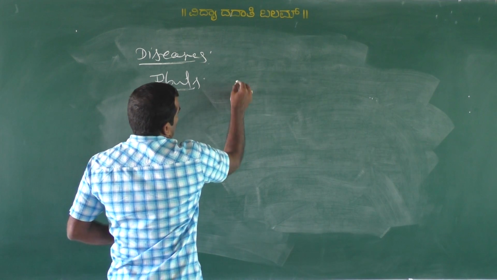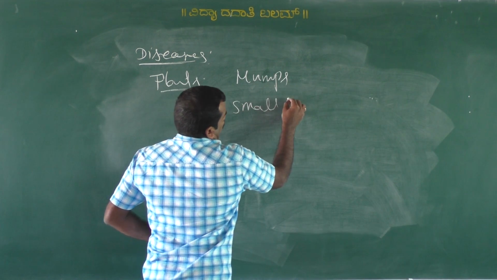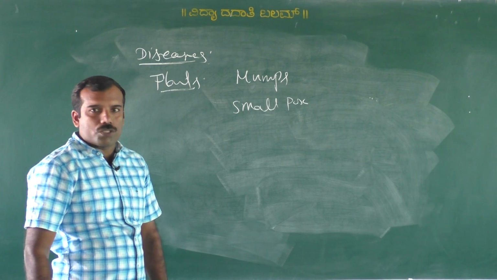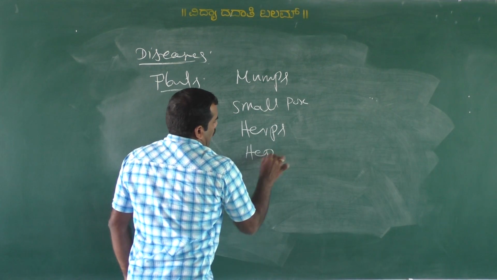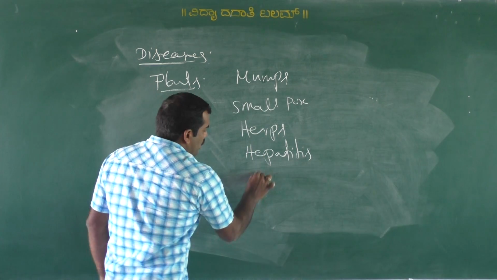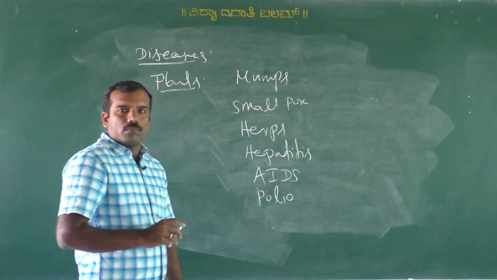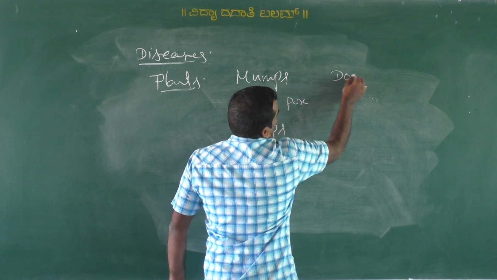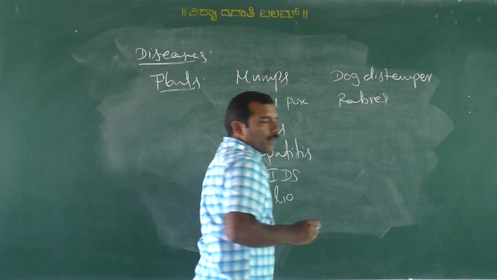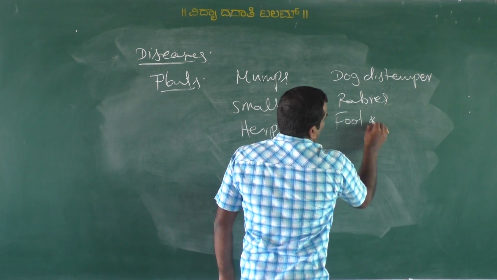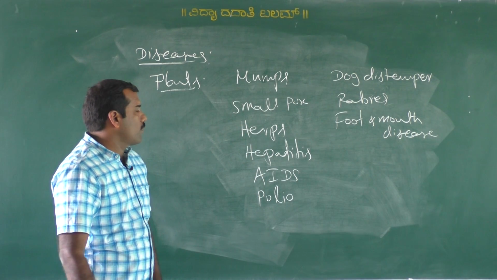Examples are mumps, smallpox, chickenpox, herpes, hepatitis, AIDS, then polio, then dog distemper in dogs, rabies in dogs, foot and mouth disease, especially in cattle.